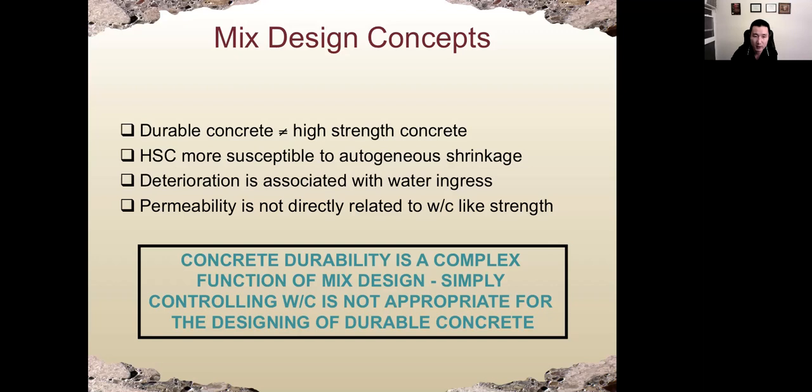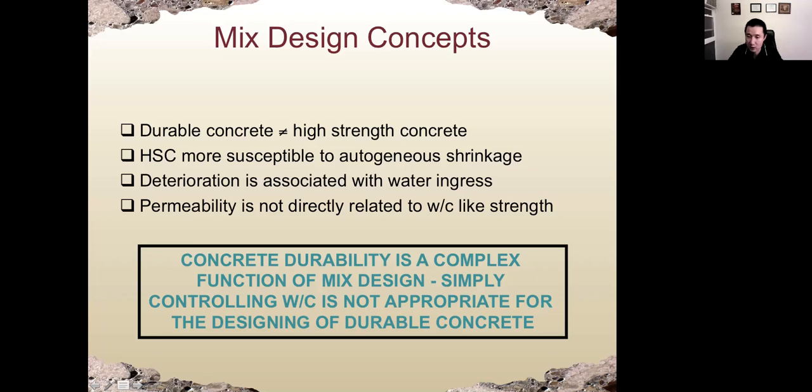Remember, deterioration is always associated with water ingress. If we can prevent water ingress, we basically reduce the potential for all kinds of physical and chemical attacks. And permeability is not directly related to water cement ratio.